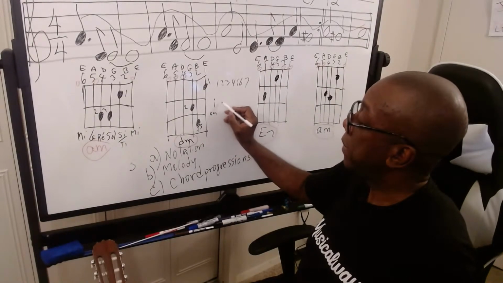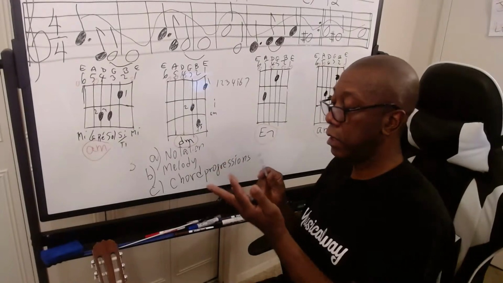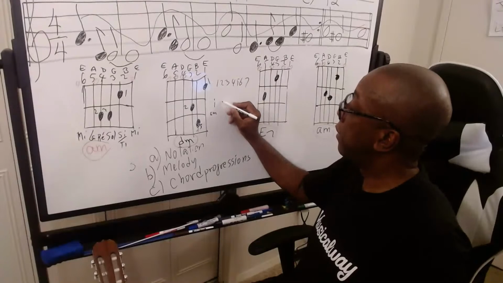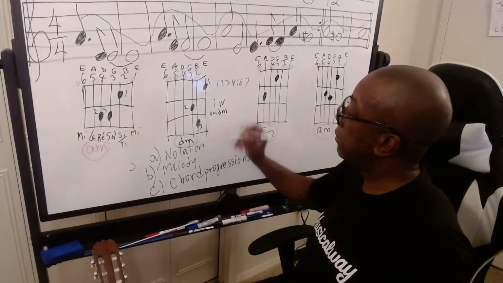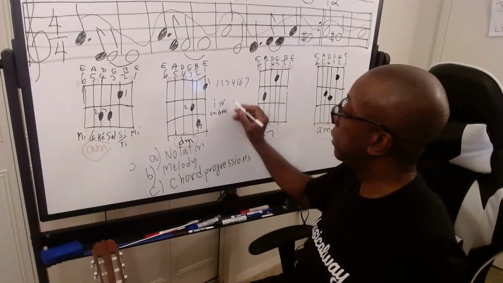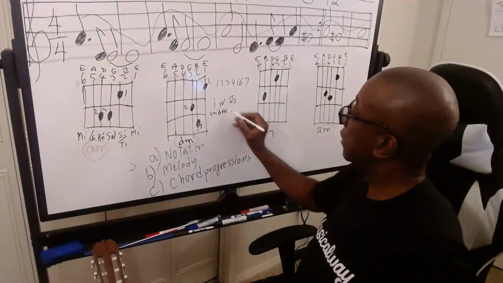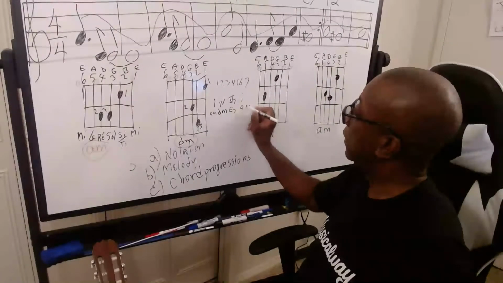The next part will be how far is D from A? A, B, C, D. Oh, it's a fourth. That's D minor. And how far is the E from D? Oh, that's major 7. So that's the E7 here. And goes back to 1, which is A minor.